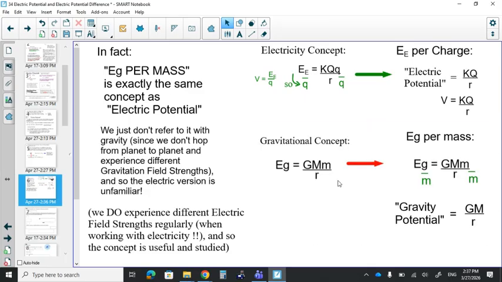And the gravity version would be GMm over r, and then it's just per mass. If you have a brick, the brick is the little m that we're canceling out, and the capital M would be the Earth. So this is gravitational potential at any spot, a certain distance from Earth.